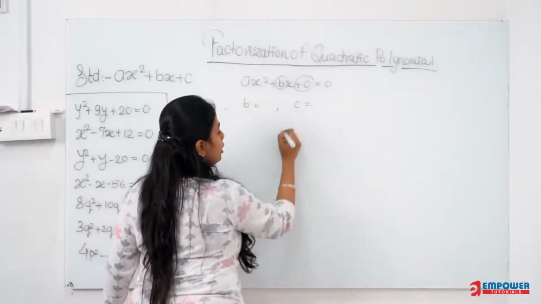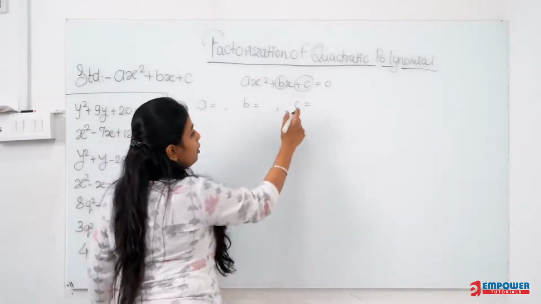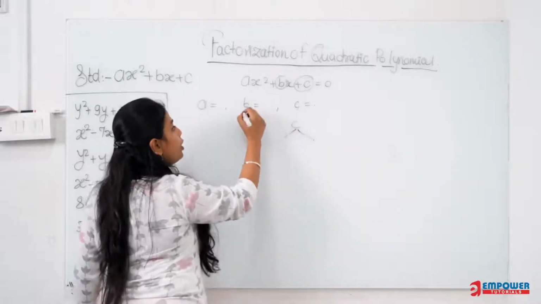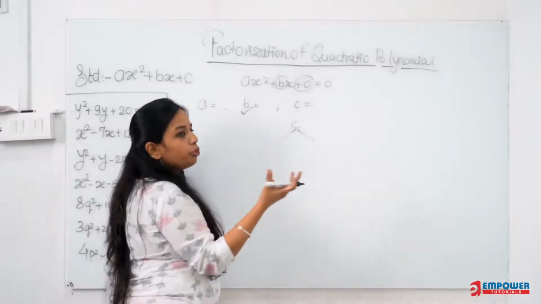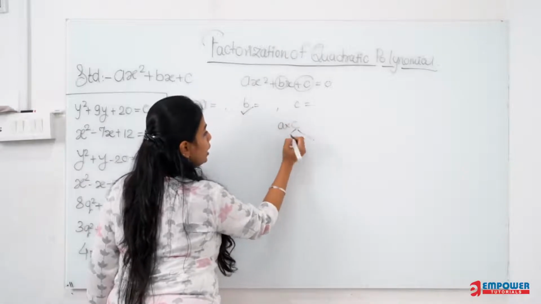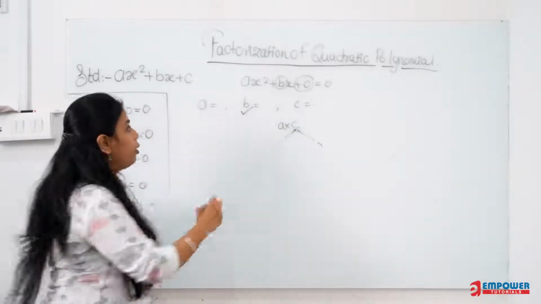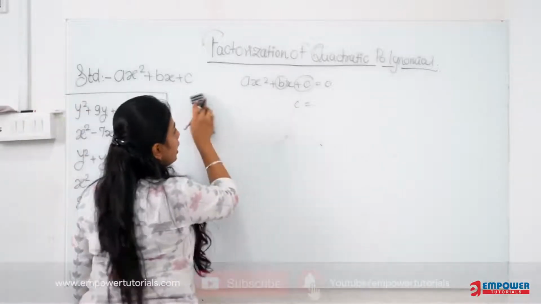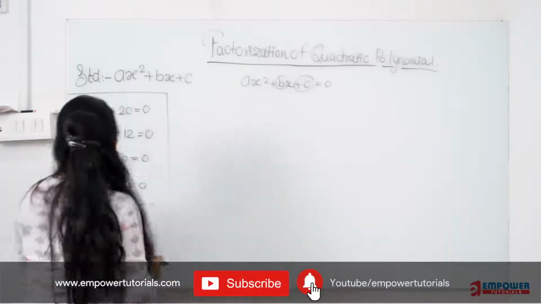First of all we need to consider a into c and factorize it, and then we will choose the factors according to the coefficient of b. Now how to decide this? So we will see that.